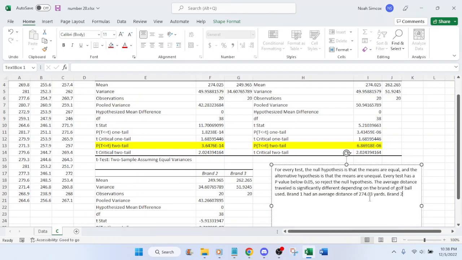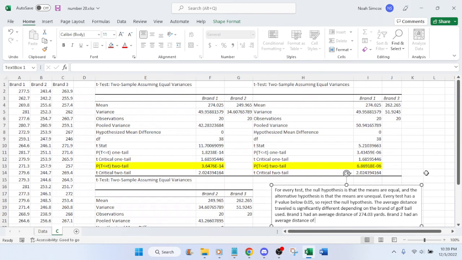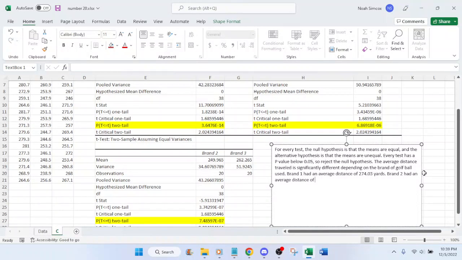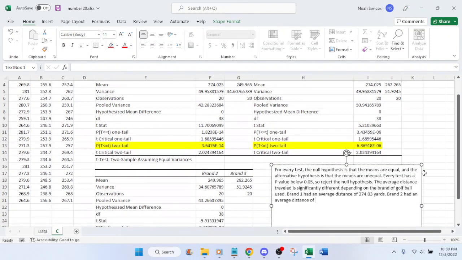Brand 2 had an average distance of 249.97 yards. Brand 3 had an average distance of 262.27 yards.